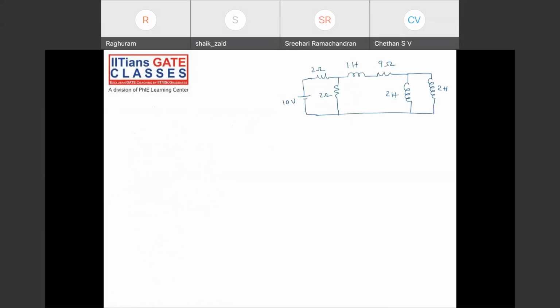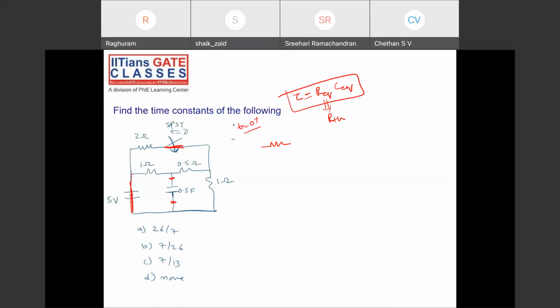This is 2 ohms, 1 ohm, 0.5 ohms, 1 ohm. I need the resistance across these two terminals. Tell me any series parallel combinations quickly.